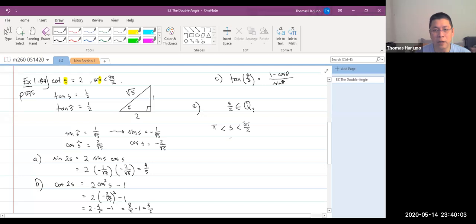When I divide by 2, what quadrant will that be? There will be pi over 2 here. This is 3 pi over 4. That's between 90 degrees and 135 degrees. Now, which quadrant is this S over 2 located in?